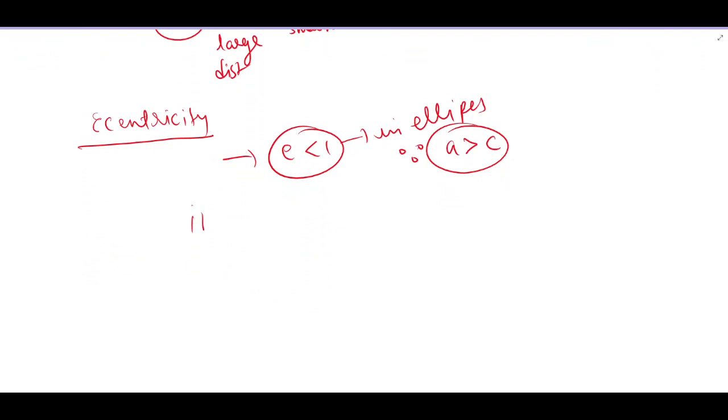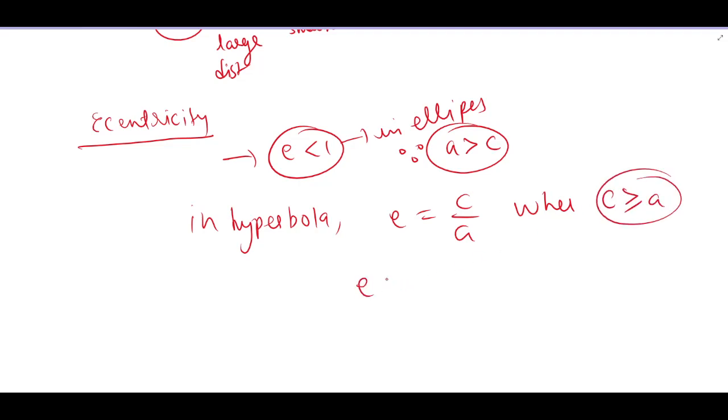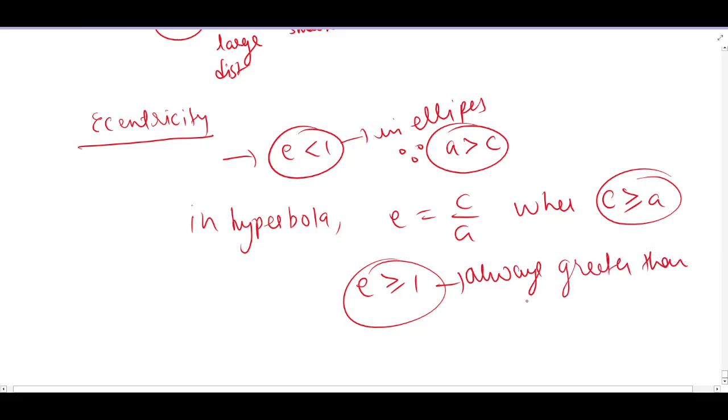But in hyperbola, e is equal to c by a, where c is greater than or equal to a. Therefore, e is always greater than 1 in case of hyperbola.